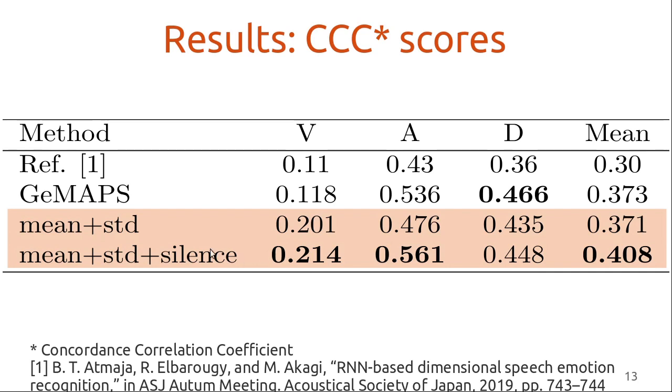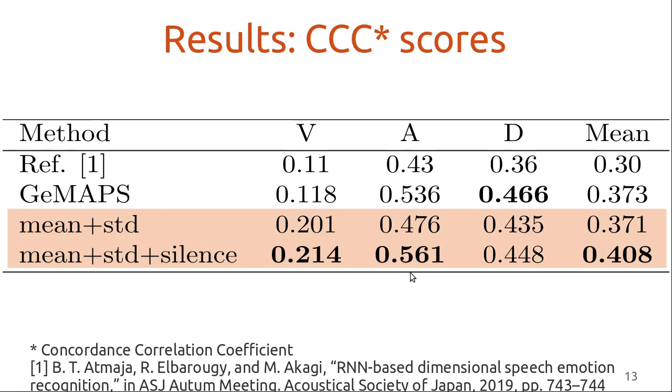So between the third and fourth there is only one dimension of difference, so we can focus on these two feature sets. Between mean STD and mean STD with silence, we improved all scores in valence, arousal, and dominance. However, it's clear that the remarkable difference is on arousal.